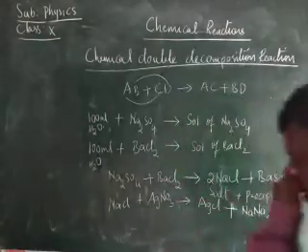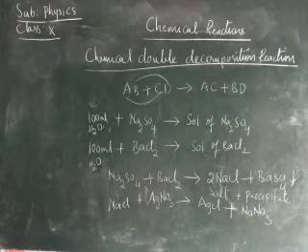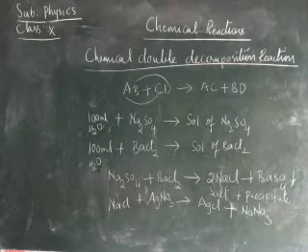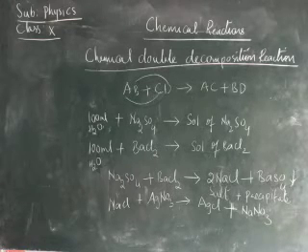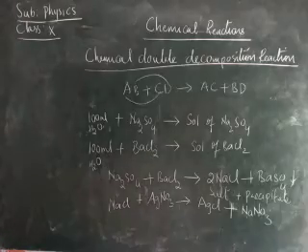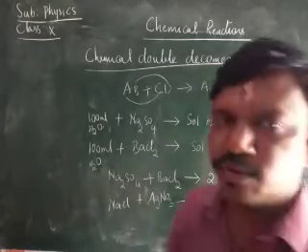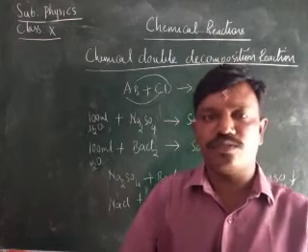Sodium chloride when reacting with silver nitrate gives silver chloride and sodium nitrate. Therefore this is an example for the chemical double decomposition reaction or chemical double displacement reaction. Okay, children.